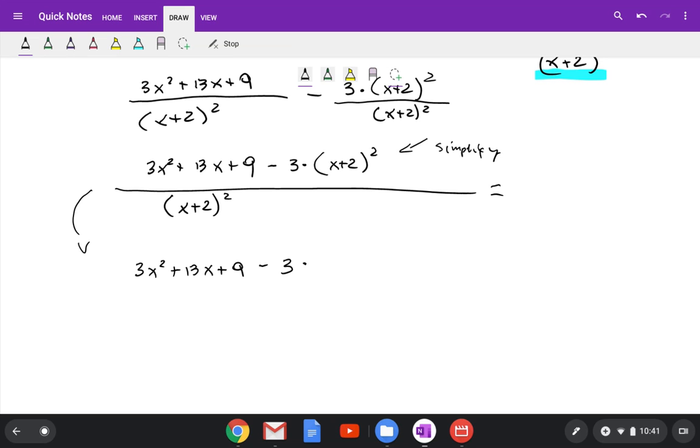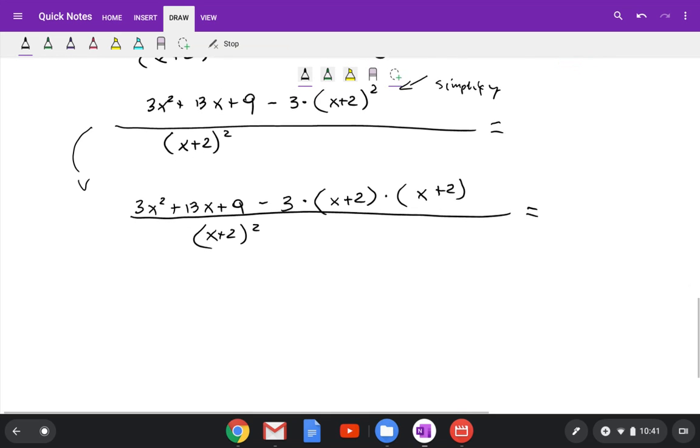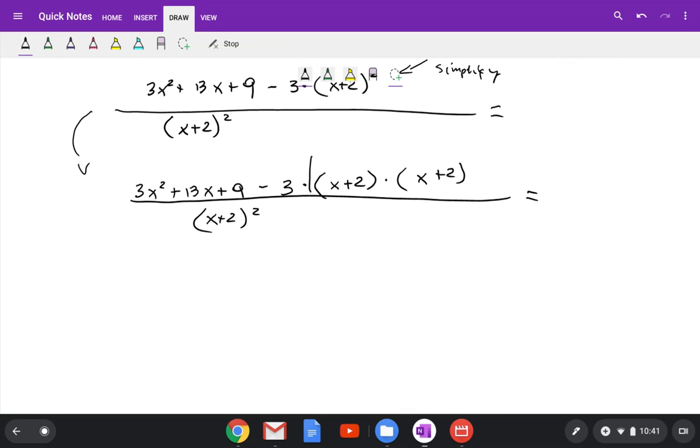Think about the order of operations, exponent first. So first, you have x plus 2 to a second power, which means (x plus 2) times (x plus 2). So first what we're going to do, we're going to FOIL here.